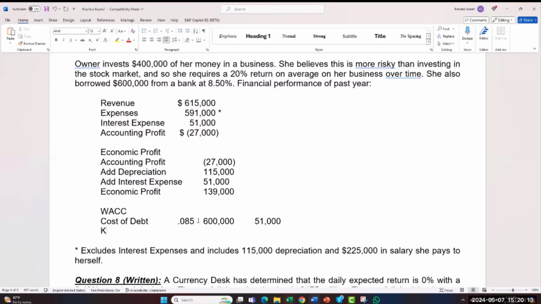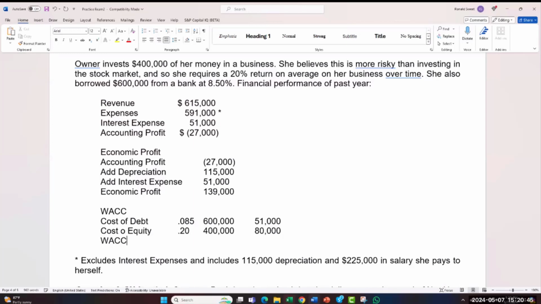And then you have your cost of equity. Here she says 20%. And how much does she invest of her own money? 400,000. So that's going to equal $80,000.